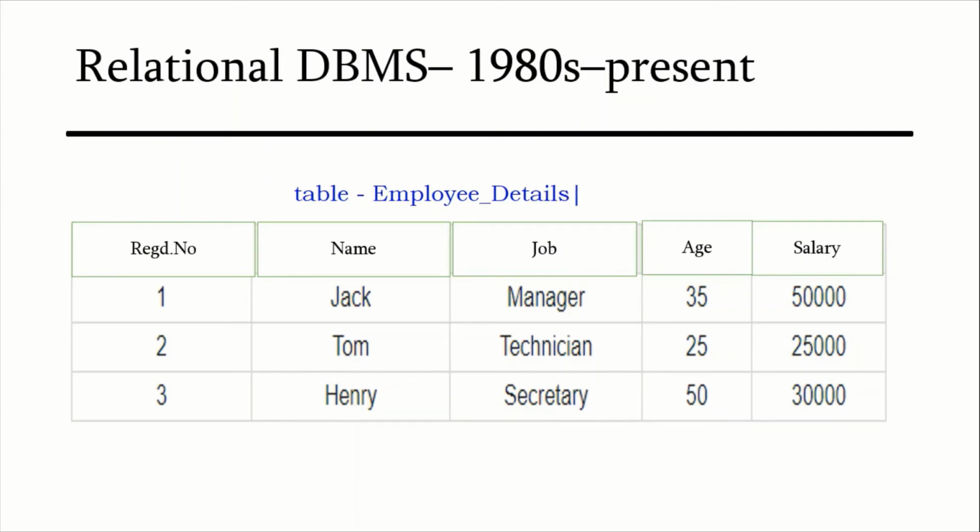Now in this table, this is a row. Here it is a row, right? Then these are all called columns. This is a column. So similarly these are all called columns, and these are rows and columns. Remember, rows mean records or tuples, and columns mean attributes.